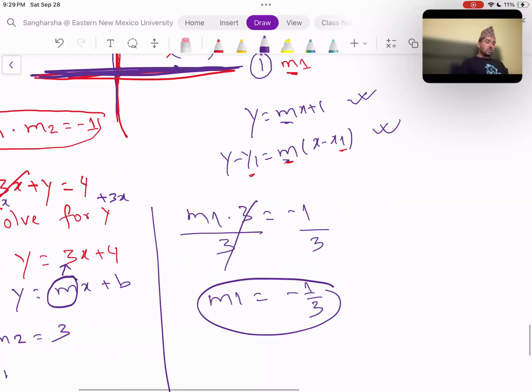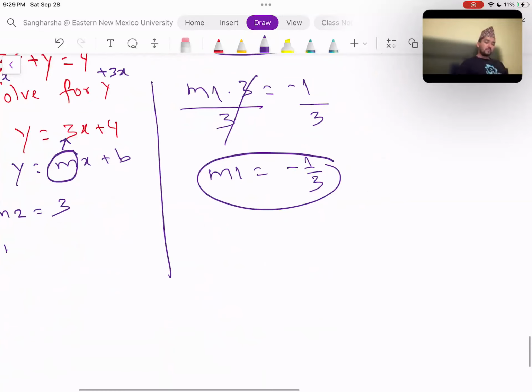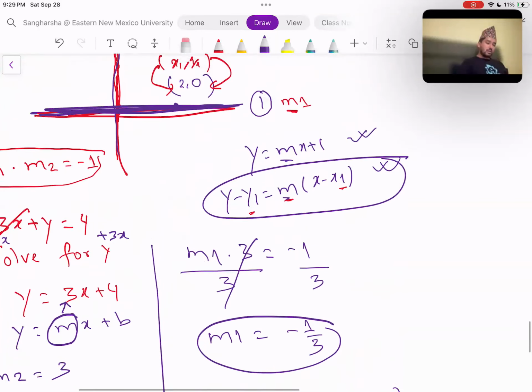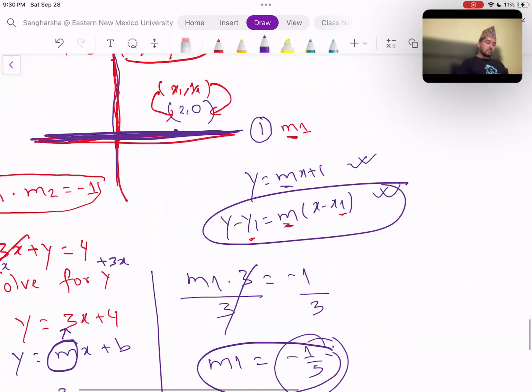So we know the slope, we have the point. So we use this formula: y minus y1 equals m times x minus x1. So we have y minus our y1 is 0 equals m is -1/3, times x minus x1 is 2.